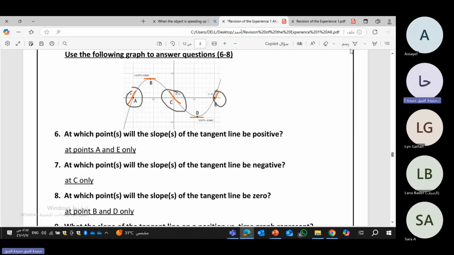If you have a vertical, also no slope. The slope must be tilted, not horizontal or vertical. Easy.